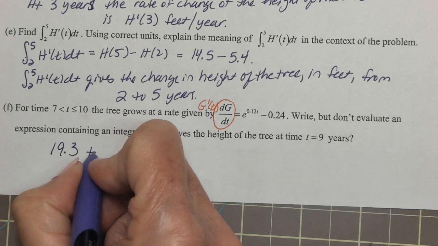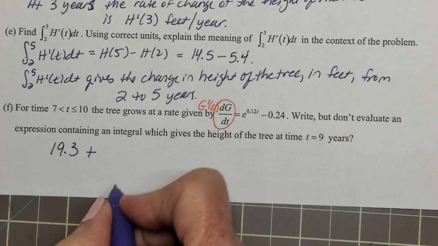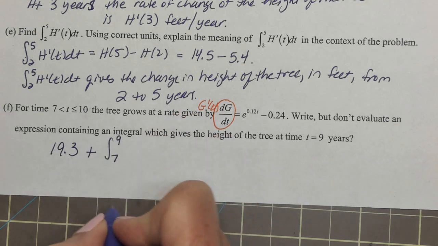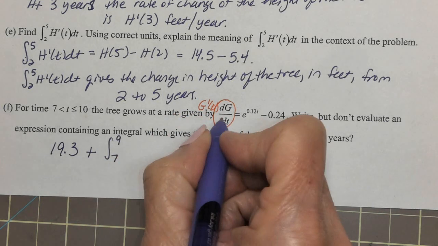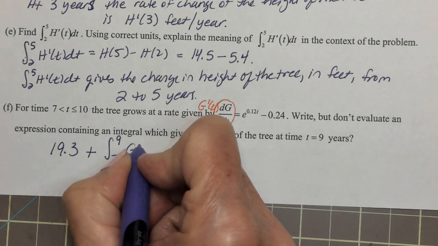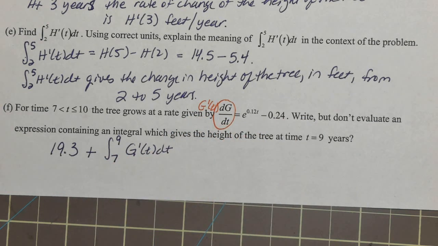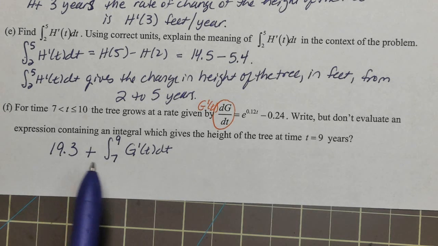We're adding to that the change in height from 7 to 9 years. I'm going to write this as the integral of g prime of t, dt. That's it. We have written an expression involving an integral that gives the height of the tree at time 9 years.